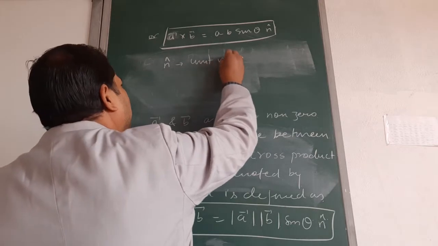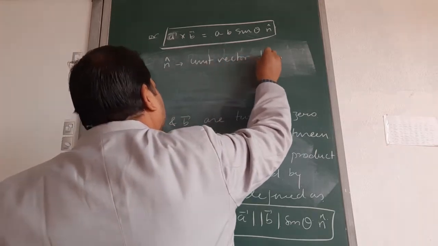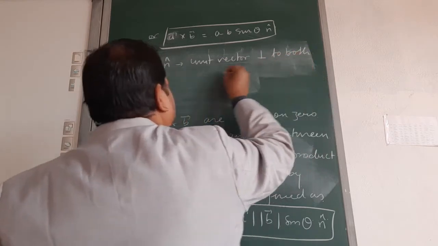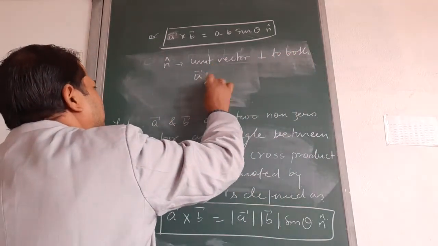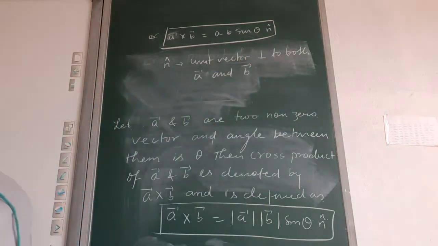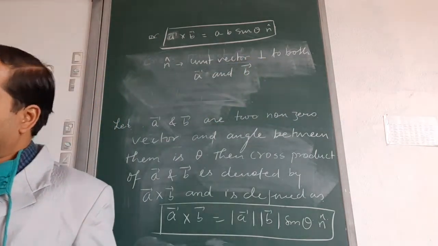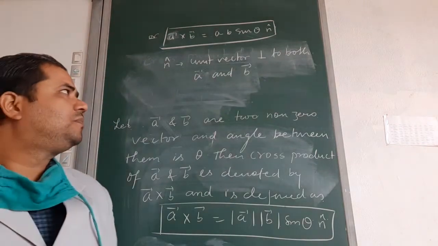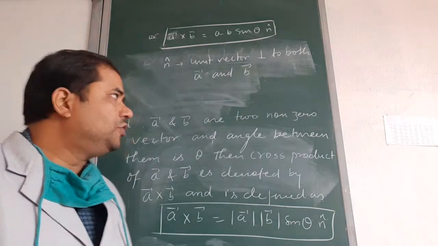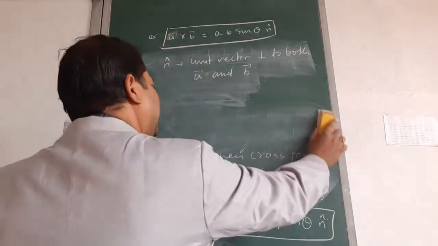Always remember, unit vector perpendicular to both A and B. This is the most important thing. So please note it down, then I will explain. Unit vector perpendicular to both A and B.